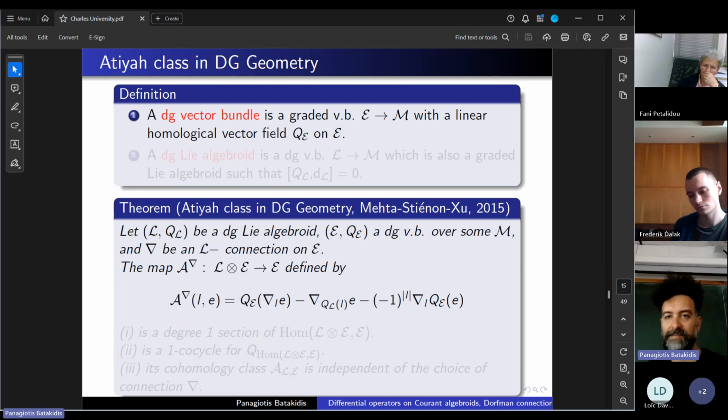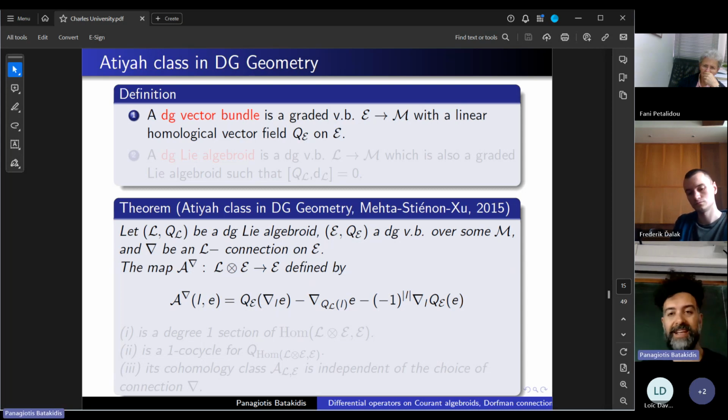So I will go directly to that, because I'm assuming most of the audience is acquainted with differential graded geometry. Remember that even in classical settings, like Lie algebroids together with Lie subalgebroids, the Atiyah class is a cohomology class. We will see that in the theorem.